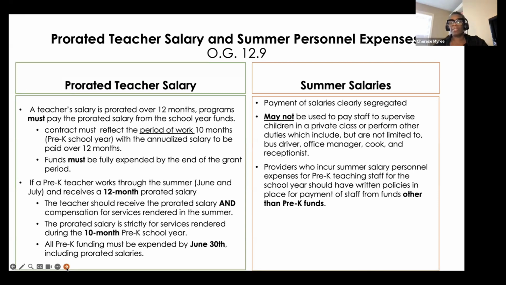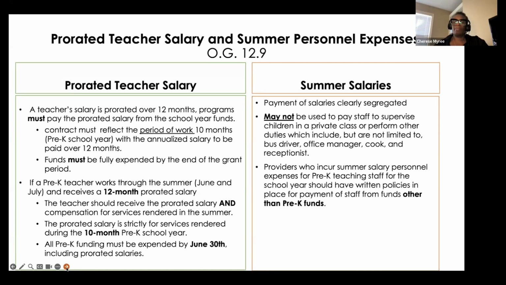When it comes to summer salaries, it should be clearly segregated. So if you have a teacher that works in the summer, but also happens to be paid on a 12-month basis, that pre-K salary should be clearly segregated in your payroll records and your accounting records: this portion is for pre-K and this is for summer salaries, right?